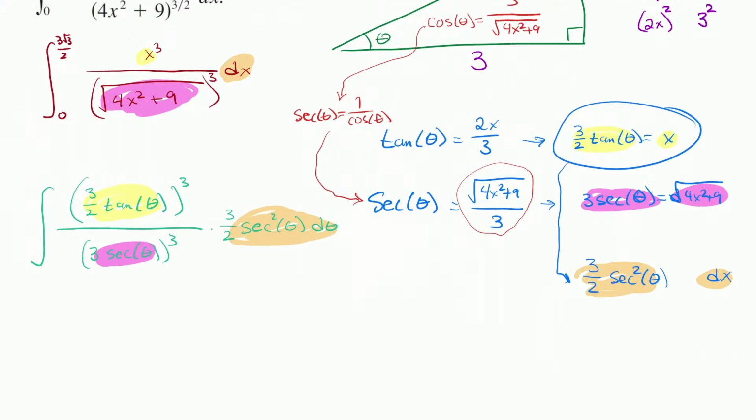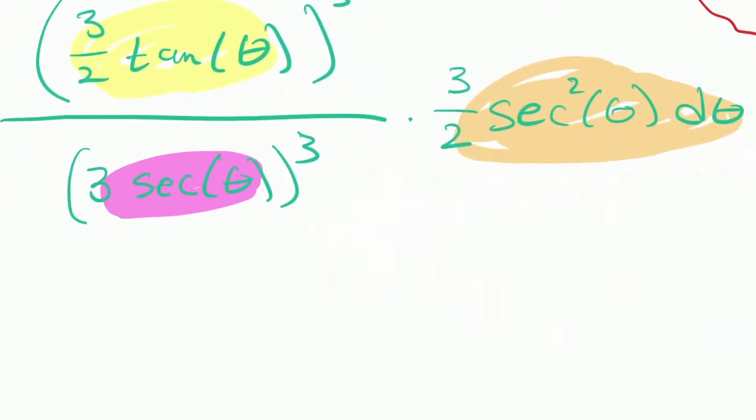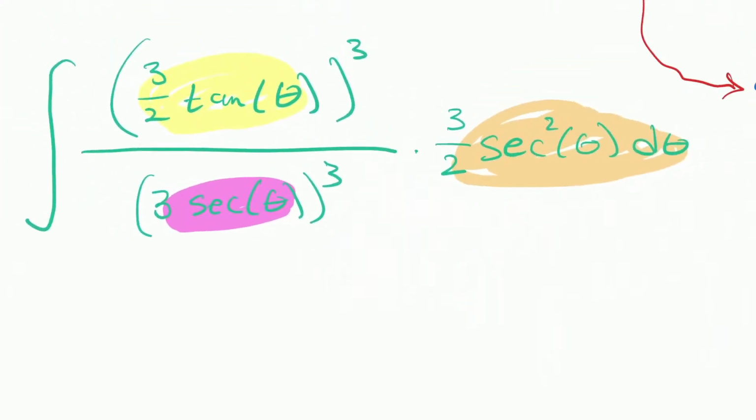So I guess this should have a d, whoops. This should have a d theta. There. Okay, so you see where everything came from and where it went? Wow, it's kind of hard to read. So there they are. Let me just clean this up a bit and then we'll call it a day.